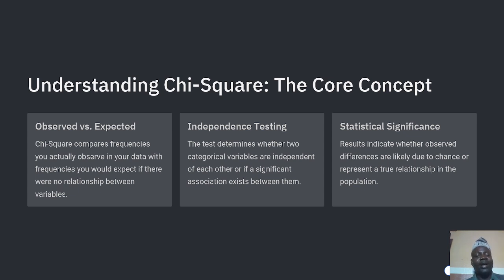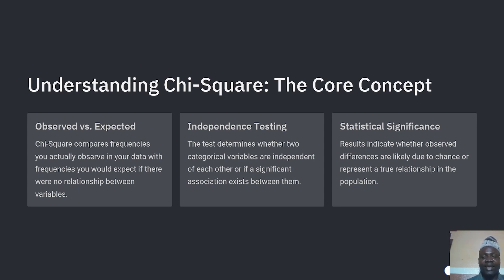So the chi-square will give us the information about the disparity that is seen between the observed frequency distribution and the expected frequency distribution. That's the first thing chi-square will do. It will give us the distribution of the observed and expected.